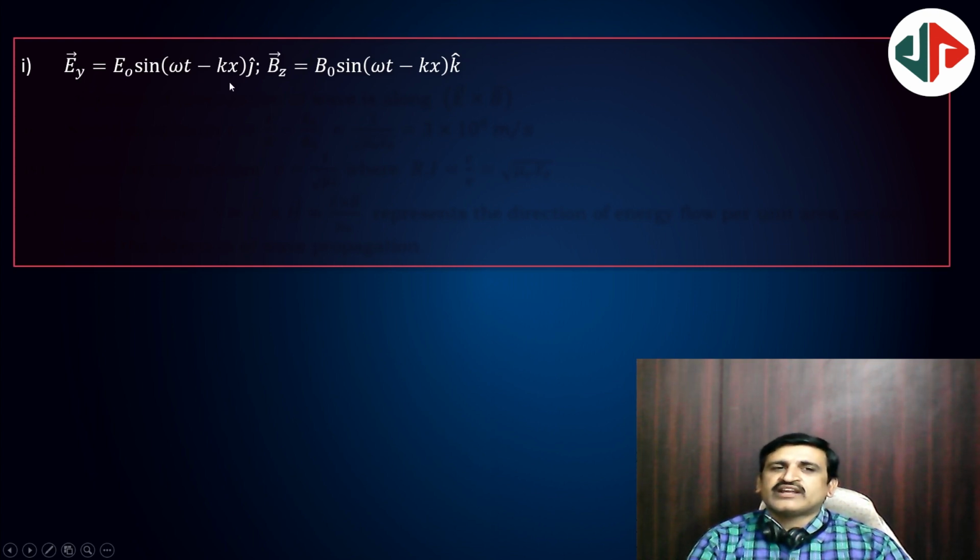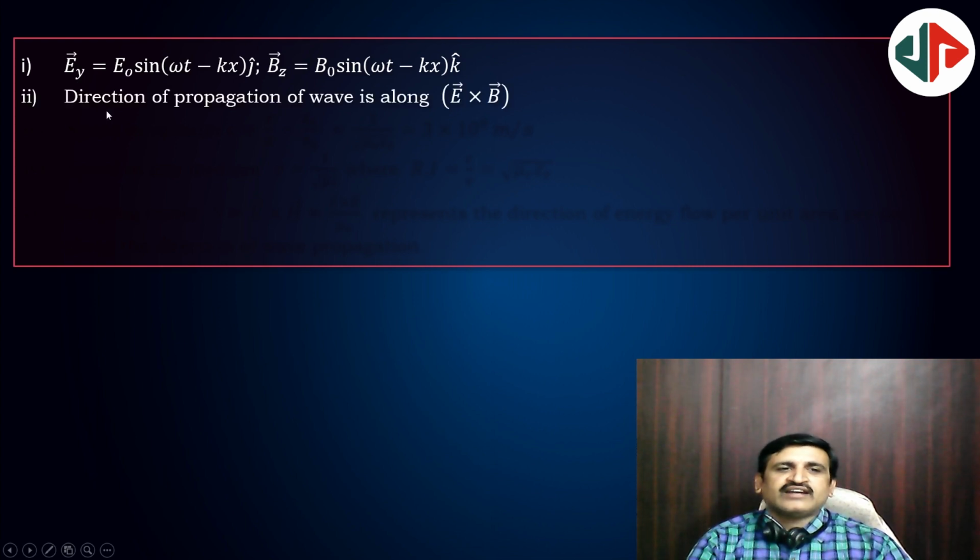Ey represents the electric field along the y-axis, Bz represents the magnetic field along the z-axis. The direction of propagation is given by E bar cross B bar. Actually, E bar cross B bar is proportional to the Poynting vector, so it will give you only the direction, not the magnitude of velocity or anything else.